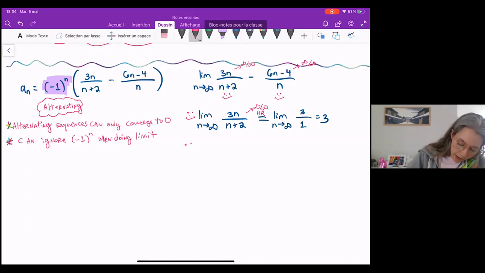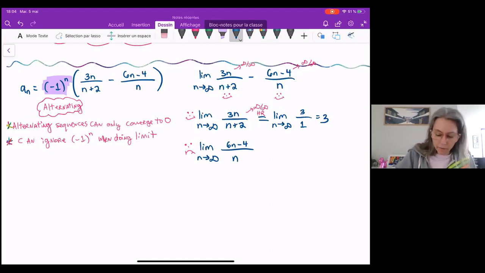So for frowny face, we'll have the limit as n approaches infinity of 6n minus 4 over n. Again, I get infinity over infinity. I could use L'Hopital's rule if I wanted, but I can also just take the dominant terms.